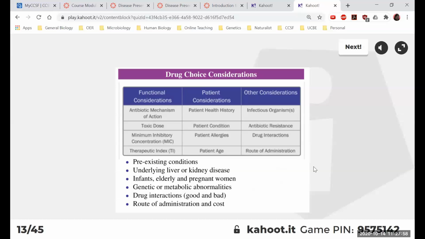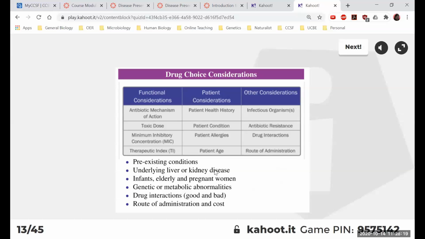This is repeating some of the information we have just talked about. When it comes to drug choice, you have to think about a lot of things, including the patient's physical health, especially if they have liver and kidney disease. That limits your choice, because liver and kidney are involved in metabolism of drugs.